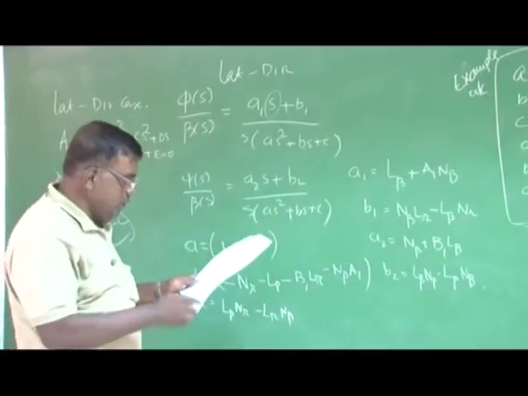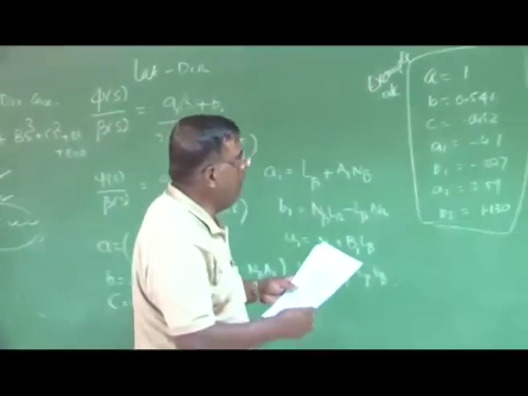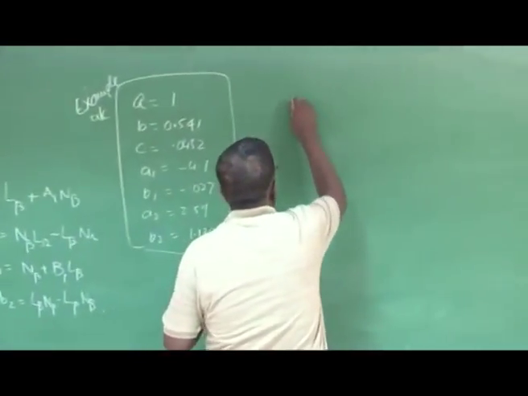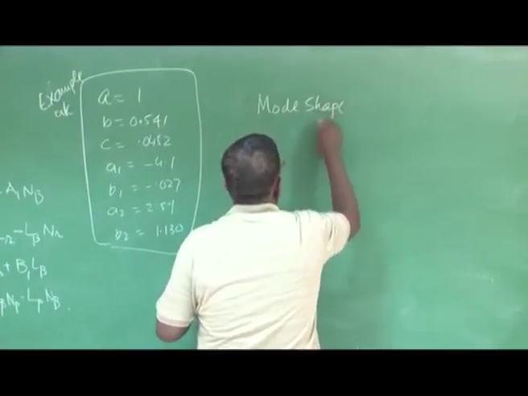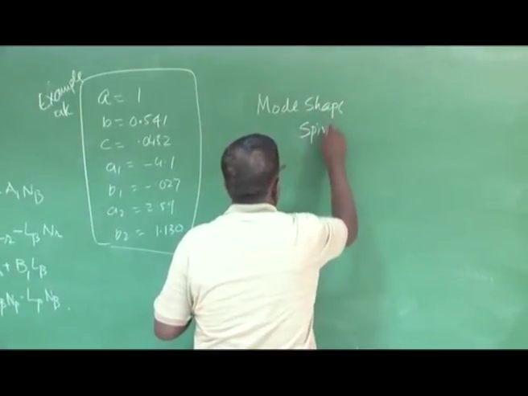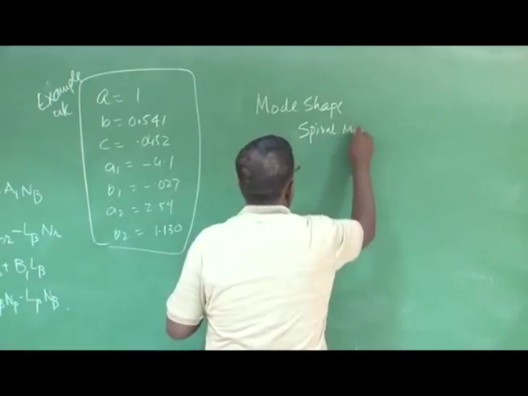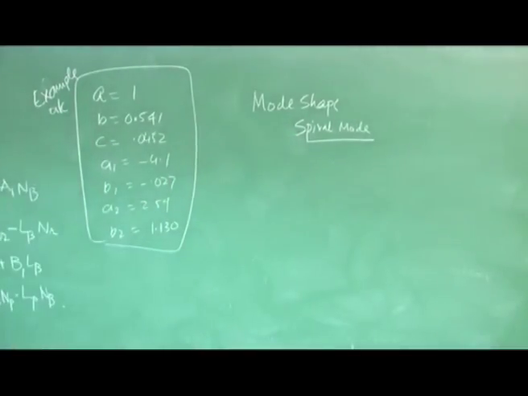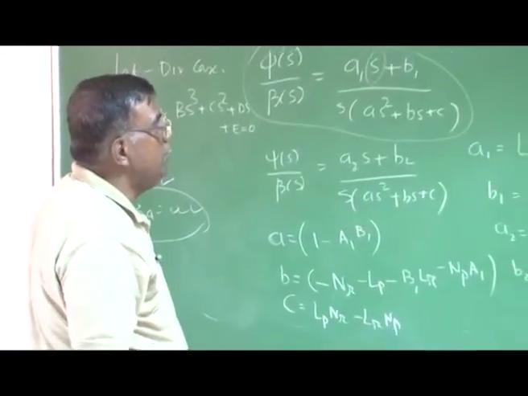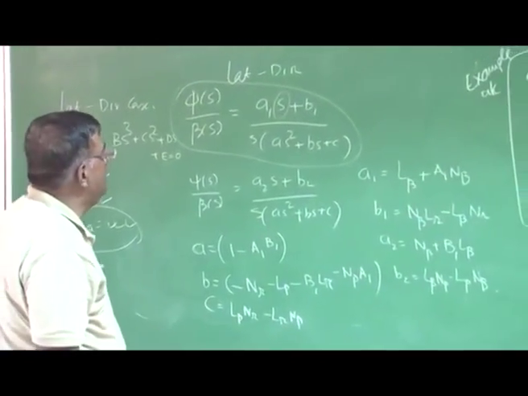Correct? Once we do that, let's say we try to find the mode shape for spiral mode. That is our next mechanical challenge. We are trying to find out the mode shape for spiral mode for the example airplane.